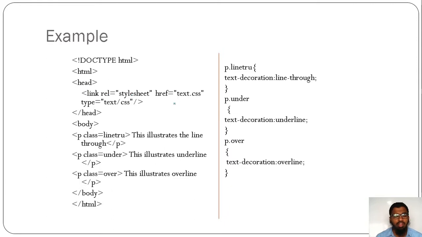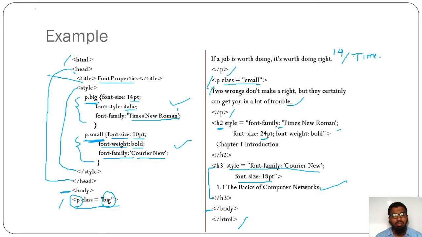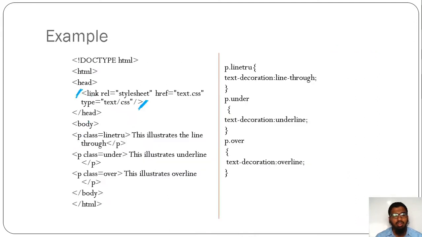Here we have created the link. Now we are using the external CSS. This was internal CSS, where I gave the style here only, but here we are calling it with the help of link, rel stylesheet, href equals text.css.